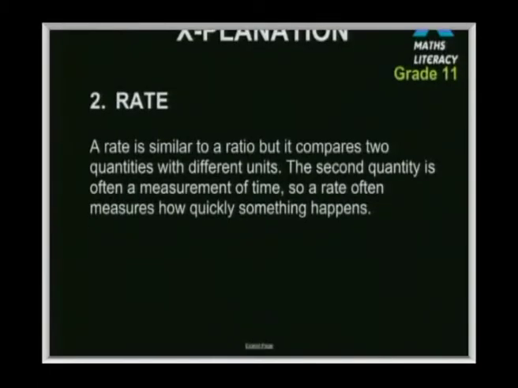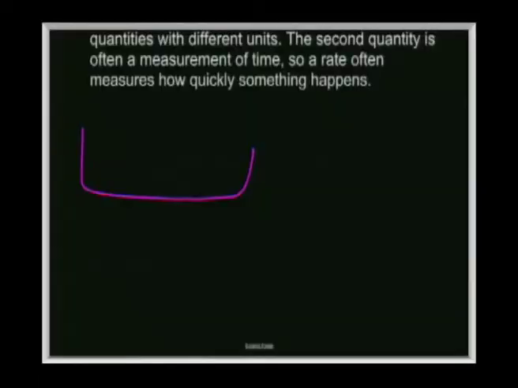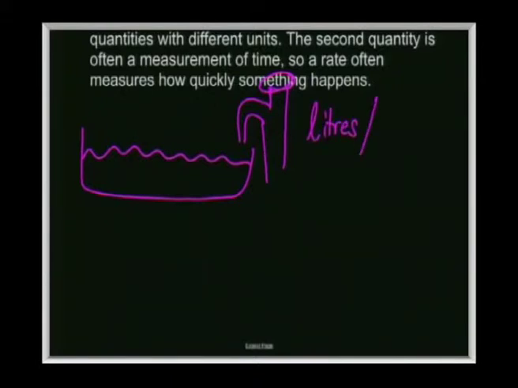Let's think of another example. You're running a bath and you want to see how fast you can run your bath. When you open your tap, you might measure the rate of the tap in liters per, and we usually use our, minute.